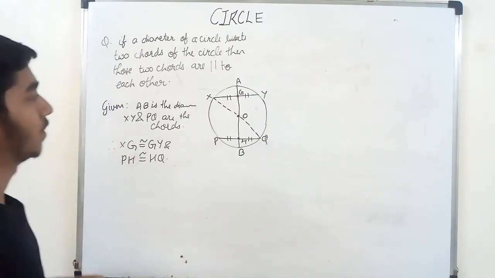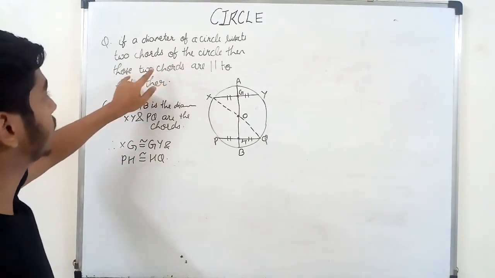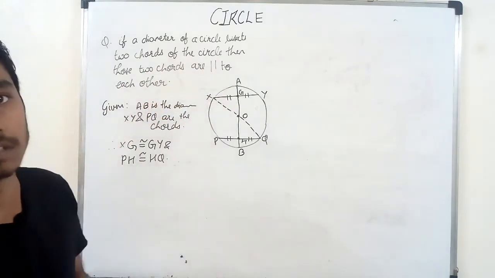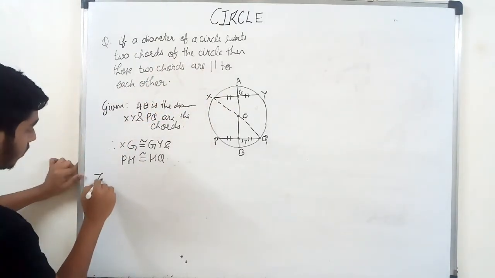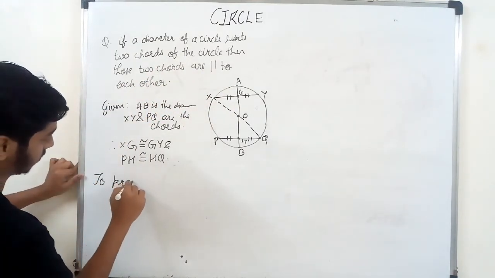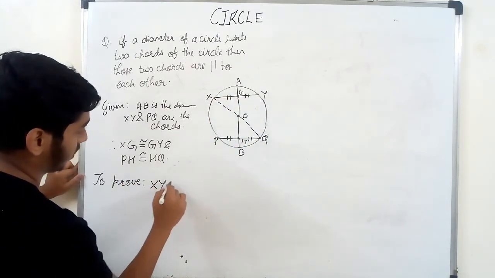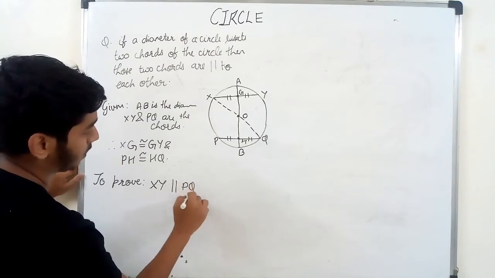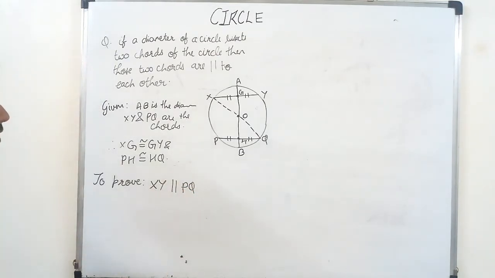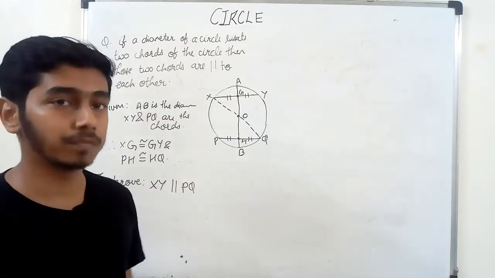So this is given to us, and what are we supposed to prove? Then those two chords are parallel to each other. So we need to prove XY is parallel to PQ. Okay, so this is what we need to prove.